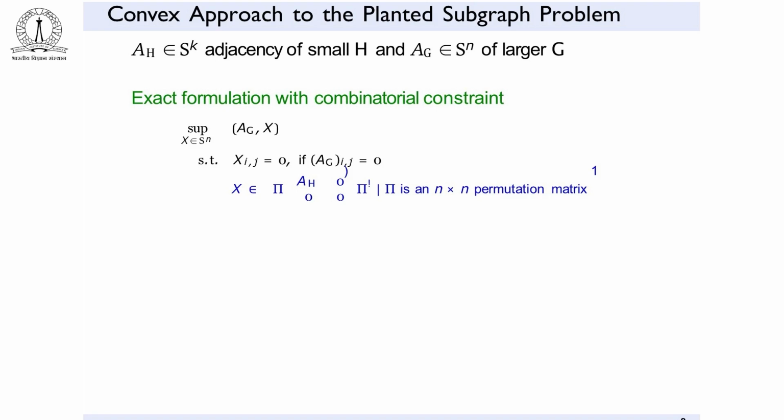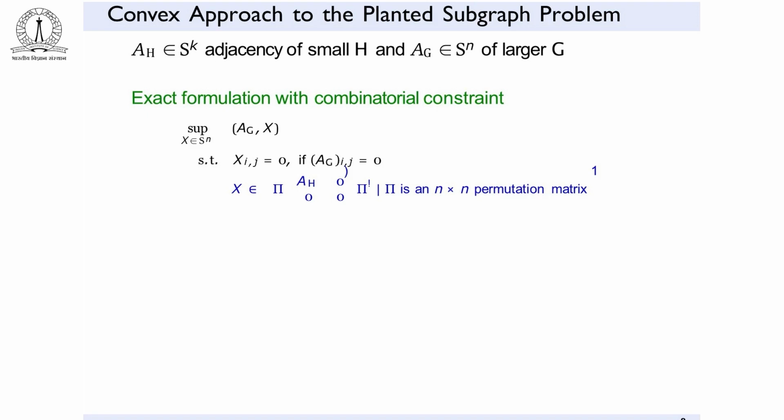Subject to, I want this thing to look like the small graph, right? I want it to be exactly zoning in on where the small graph is. That's what I want X to look like at optimality. So I'm going to ask that X_ij be 0 if G itself has no edge at a particular location. And the key source of complexity is that X belongs to this set.